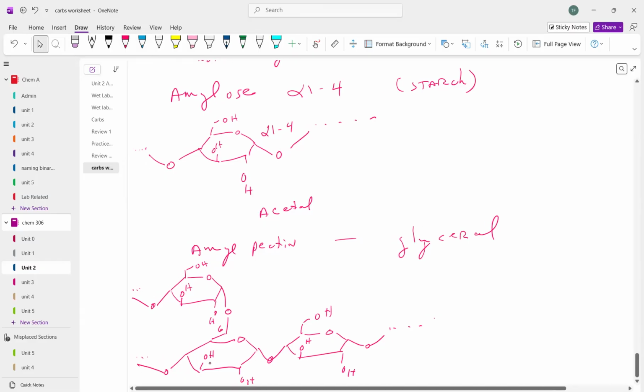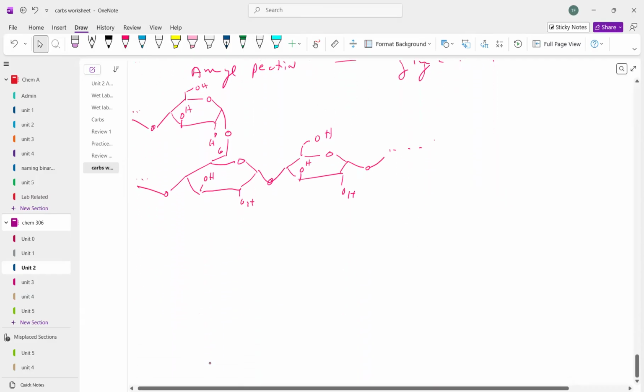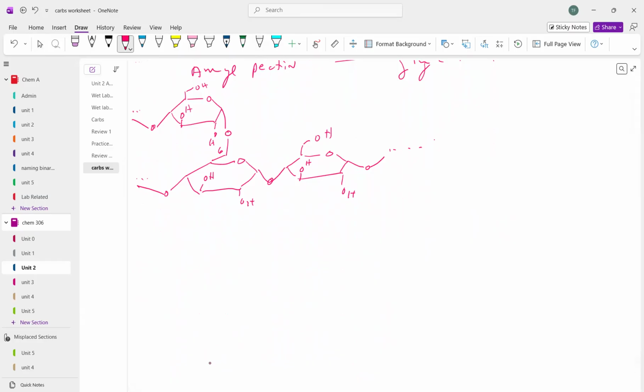Okay, and there's one more polysaccharide, and that's cellulose. The only difference between amylose and cellulose is the linkage.